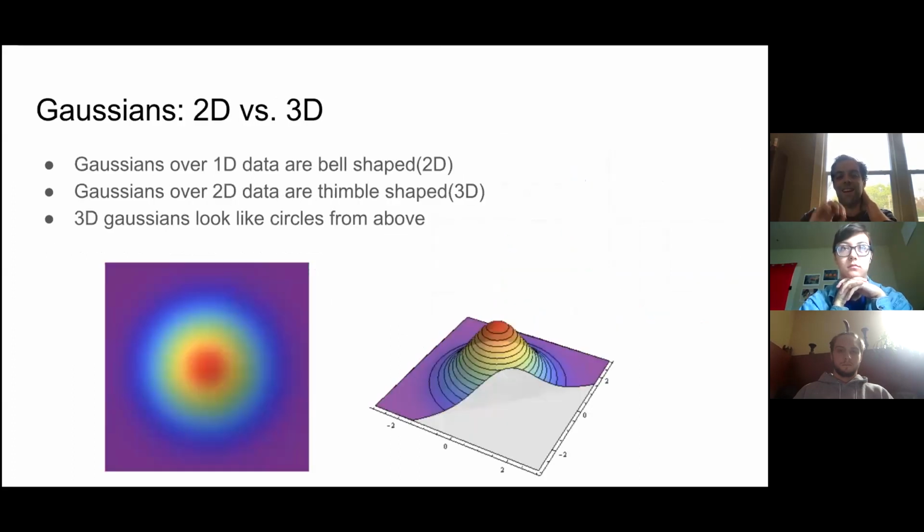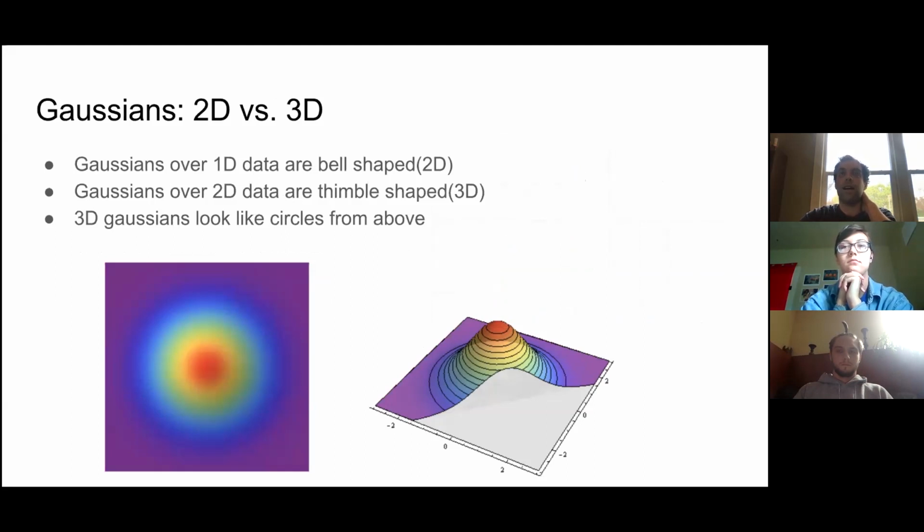Obviously, those bell-shaped curves that you just saw, those are not circles. So you're probably wondering how those will represent our circles. And essentially, the thing is with those Gaussians before, they were plotted over one-dimensional data across a line and fitted to data like that.